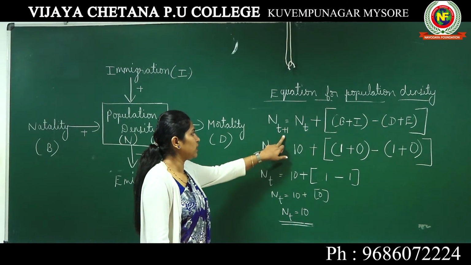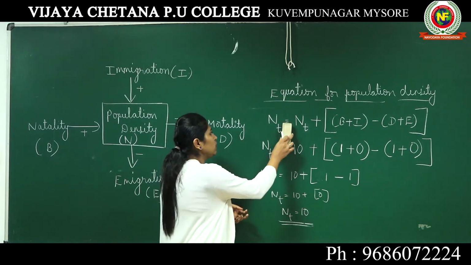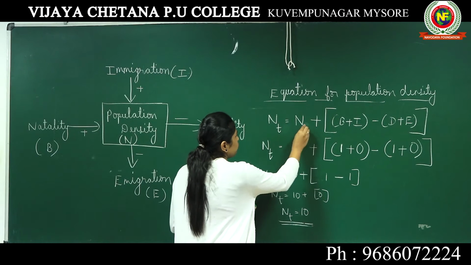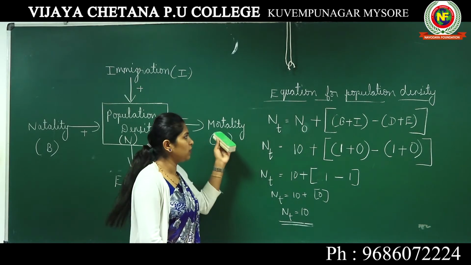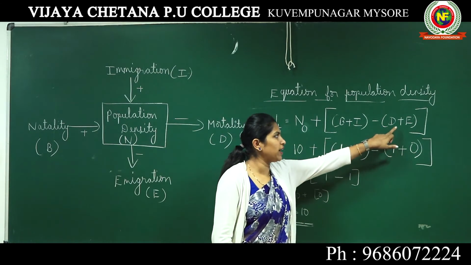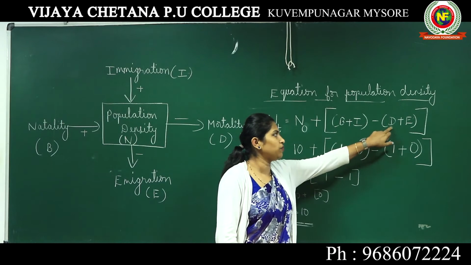However, in a simple way, in the equation for population density we have to consider 4 important processes: birth rate, immigration, death rate, emigration.